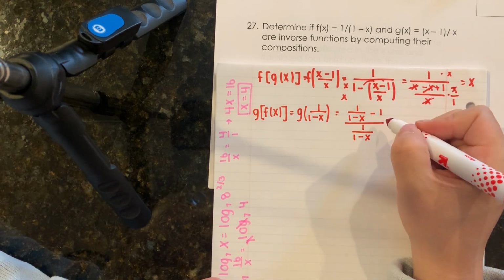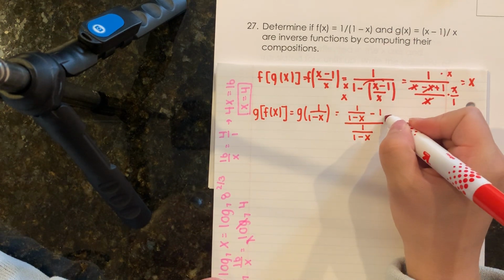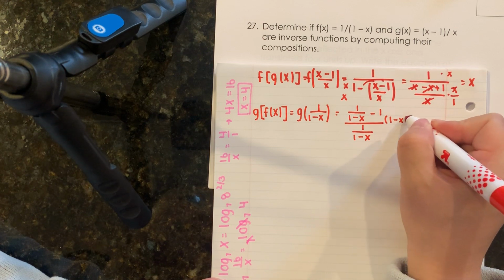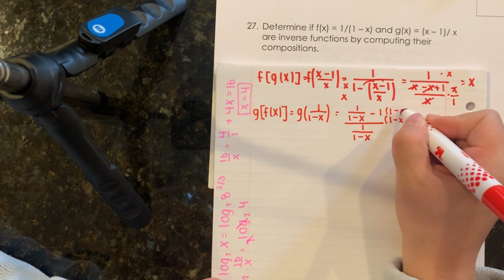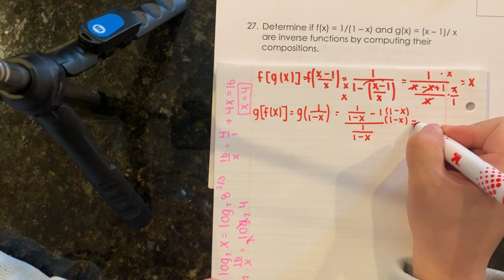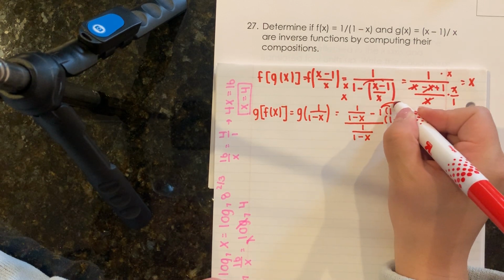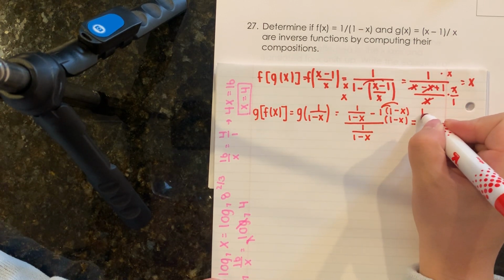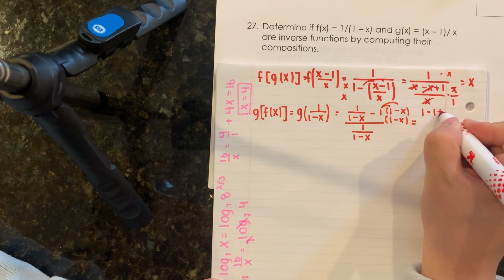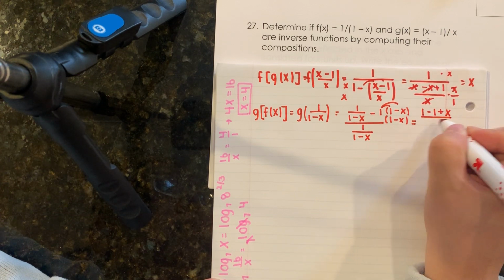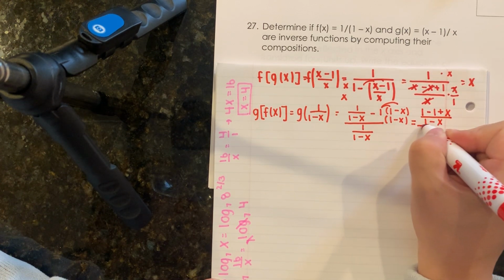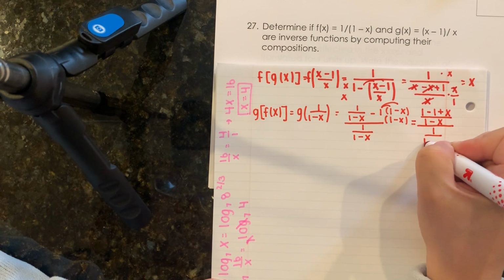Now again, just like on the last one, I want to add these two fractions in the numerator by making a common denominator of 1 minus x. Now when I distribute that negative 1, I'm going to have 1 minus 1 plus x over 1 minus x over 1 minus x.